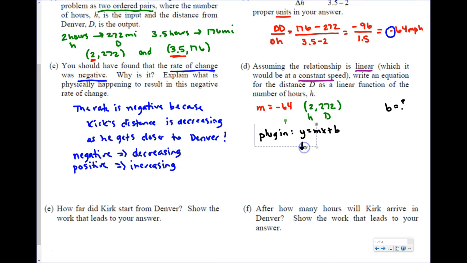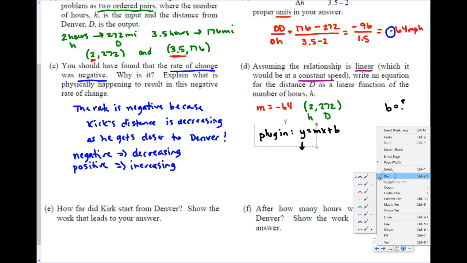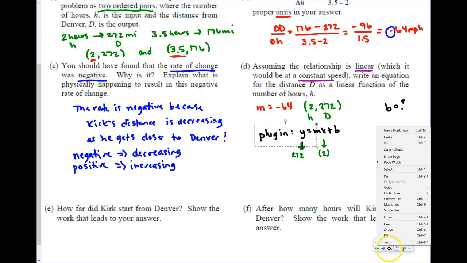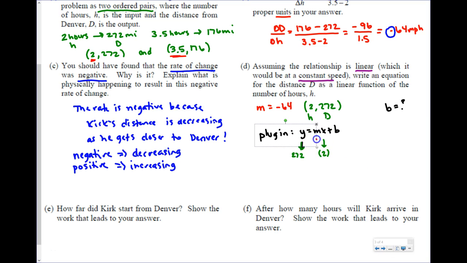Instead of a y, I'm going to plug in a 272. Instead of an x, I'm going to plug in a 2. Instead of m, I'm going to plug in that negative 64. And then I'm going to solve for my missing b. Oops, sorry. That should be plus b. Now I can solve this here.